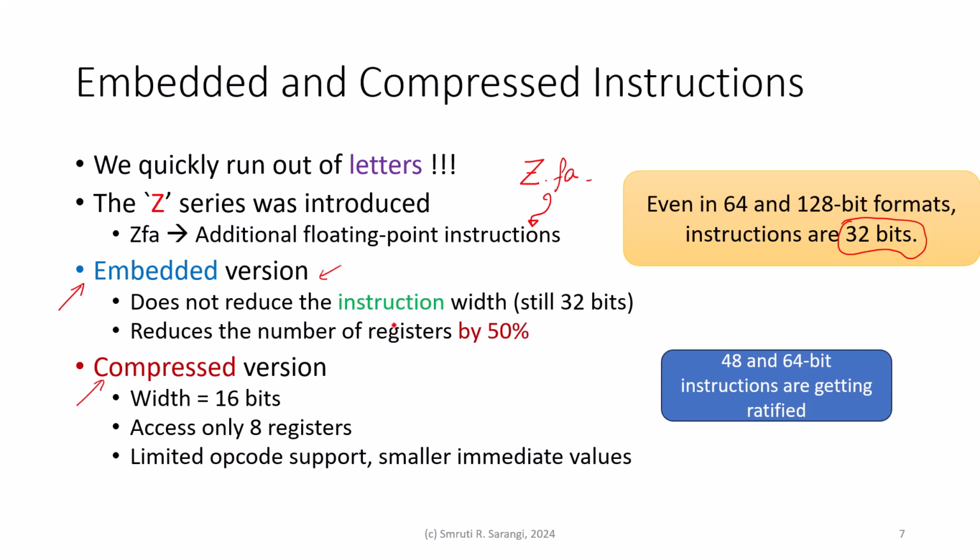So here what happens is that we do not reduce the instruction width, it still remains 32 bits. Incidentally, people are thinking about having a wider RISC-V ISA, maybe a 48 or 64-bit ISA. So you can go to the RISC-V site and you will see that there are some standards that are being built around this, and they are at different stages of maturity.